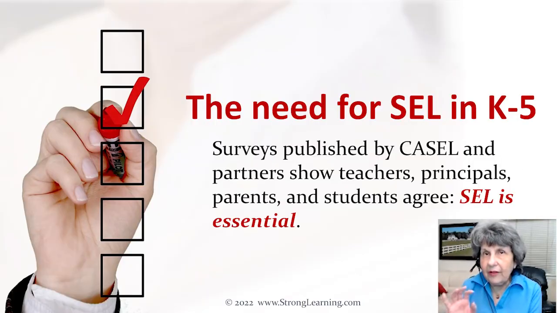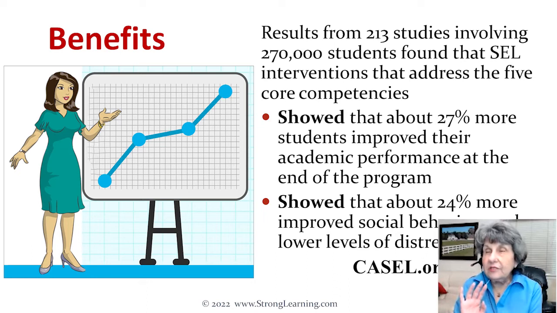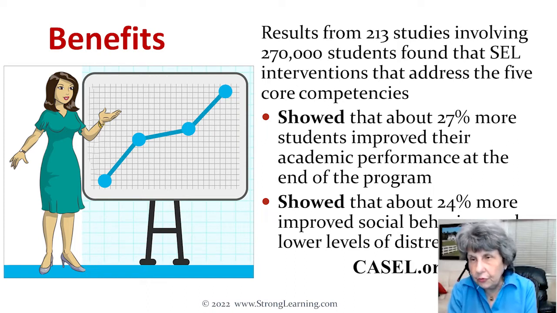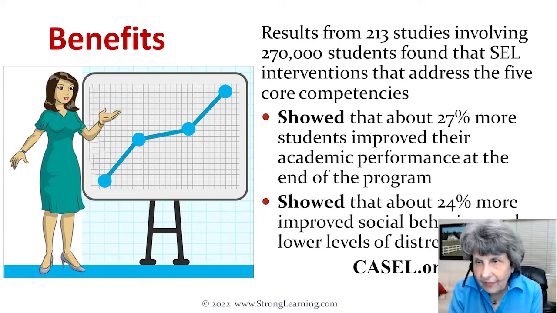They did research on the need for SEL, with 213 studies involving 270,000 students, and found that interventions show about 27% of the students improved academically, about 24% improved social behavior, and there were lower levels of distress.